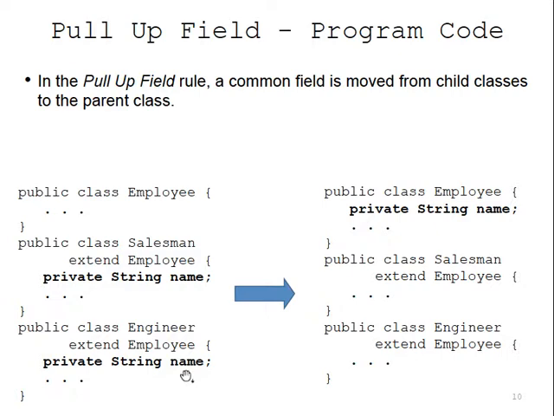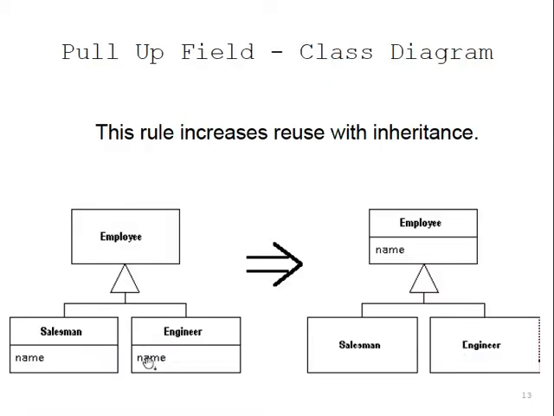Every employee should have a name. So instead of having the name defined in the child classes, salesman and engineer, we should move the name to the employee class, and then salesman inherits from employee and engineer inherits from employee. So this is what the class diagram would look like. The name field comes from here and is moved up there.